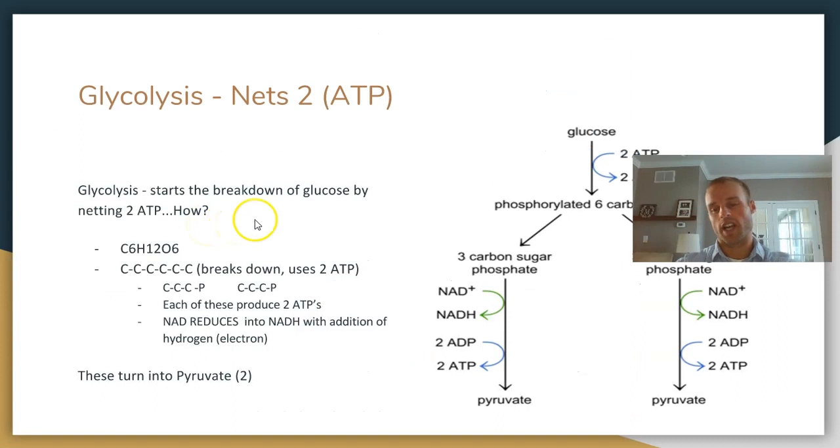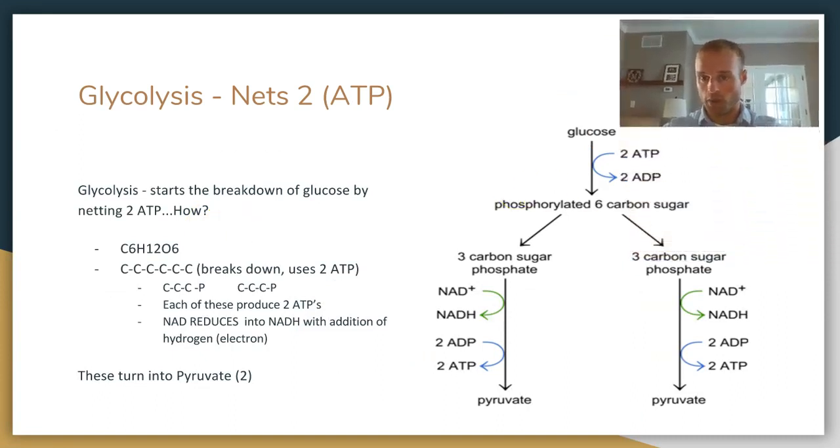Now, the next 2 slides, I'm basically just breaking this down a little bit more, in case I went a little too quick with the diagram. This is glycolysis netting 2 ATP. Basically what happens is a glucose molecule has 6 carbons, and it breaks down into two separate 3 carbon molecules.